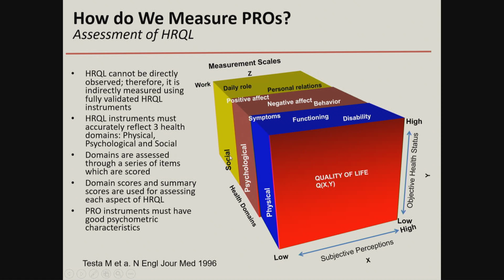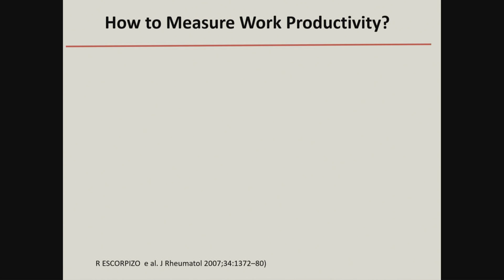And of course, you score each one of these areas in a way that will represent that domain as a summary score for each one of these areas or constructs. And there are PRO instruments that will give you domain scores as well as overall scores.